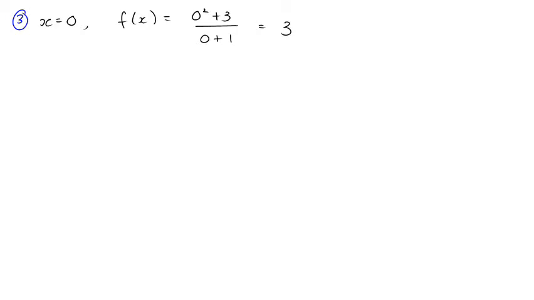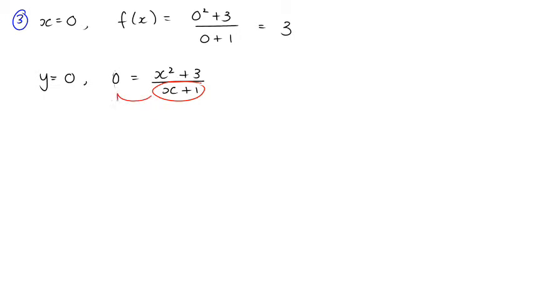And then we make y equals 0. Oh, not f of x. 0 equals x squared plus 3 over x plus 1. Right, how do we rearrange? You don't need to do the calculator.